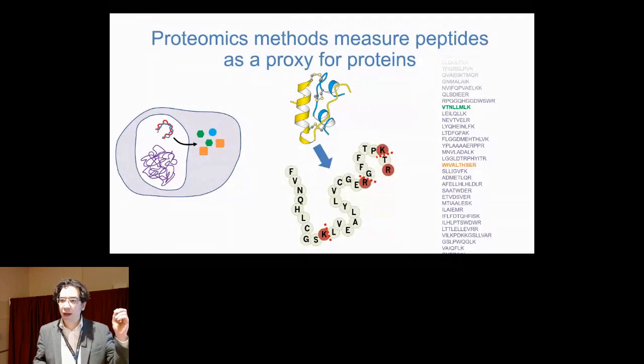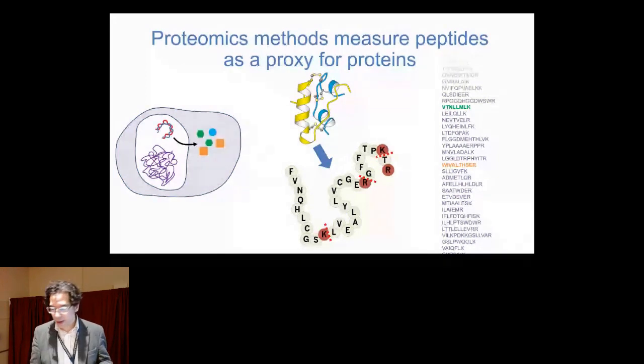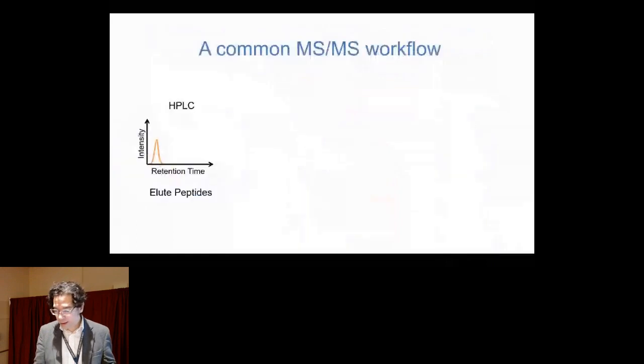So we're trying to monitor for specific proteins that are generated by specific genes in a sea of other proteins that are generated by those cells. So this issue of trying to separate out the proteins that we're interested in from the proteins that we're not is fundamental to our science.